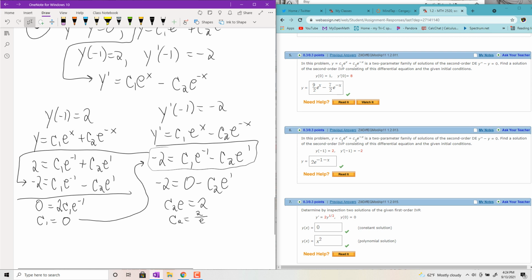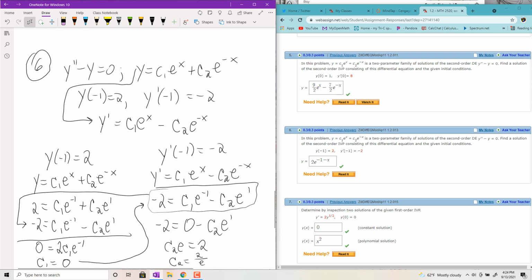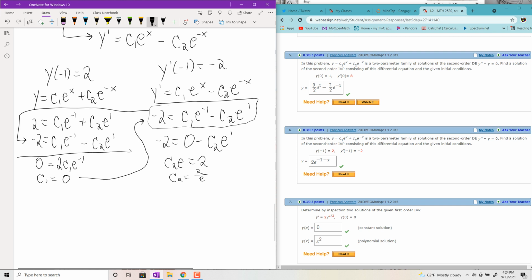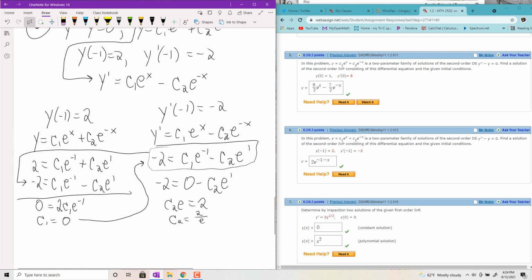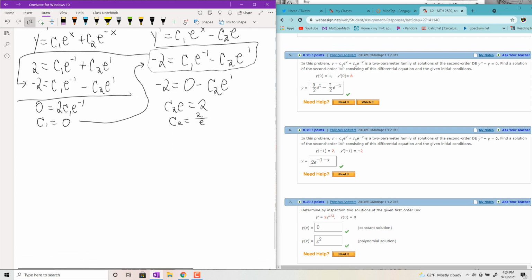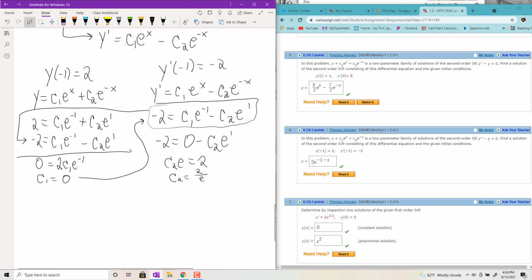Then finally, form your solution by back substitution into the original equation, your general solution. I just plug my c1 and c2 into this.